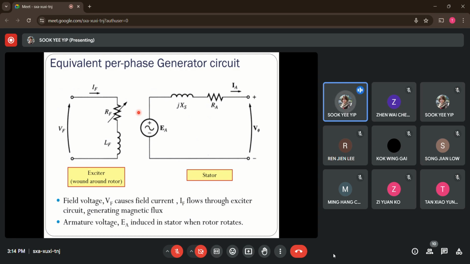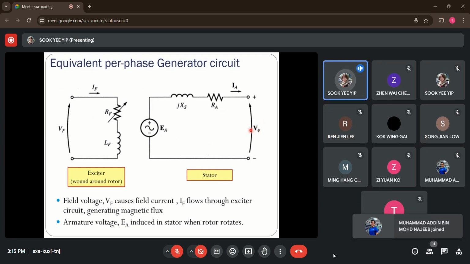For each phase of the stator winding, you notice that it consists of a series-connected stator resistor RA, which we call the armature resistor or stator resistor, in series with the stator inductor. Here V phase is basically the output voltage generated by the generator, where we connect it to the loads or to the power grid. IA here we call the armature current.